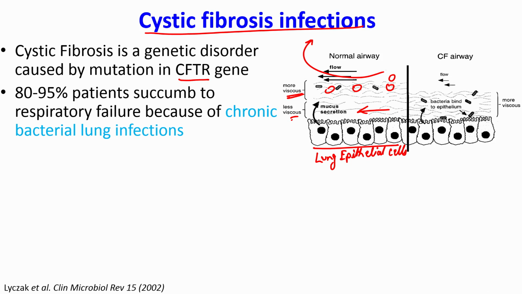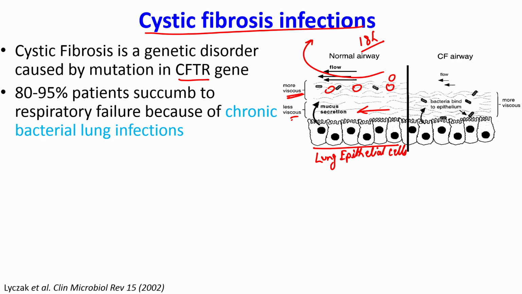So, typically as it is known in the literature, it takes about 18 hours for the whole mucus to get regenerated. So, within 18 hours, on a normal span of time, all the mucus that is present will get replaced by a new mucus.